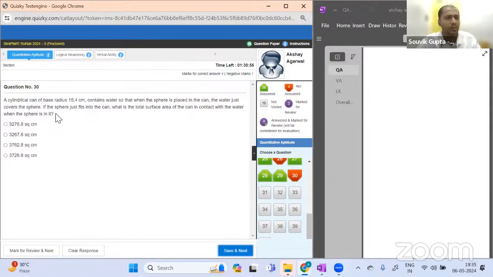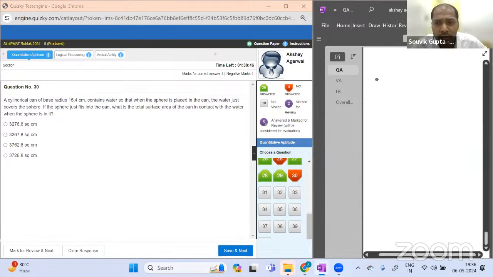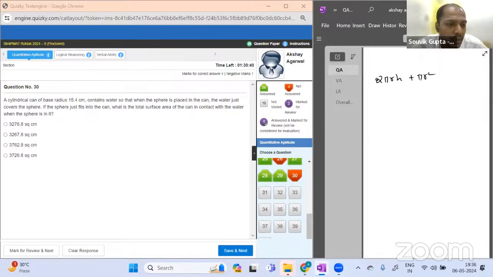I think they are not covering it. So it will be one total curved surface area plus one base. So 2 pi r h plus pi r square. The calculation here is heavy. Okay, let's do it. I have enough time. I have covered good questions.